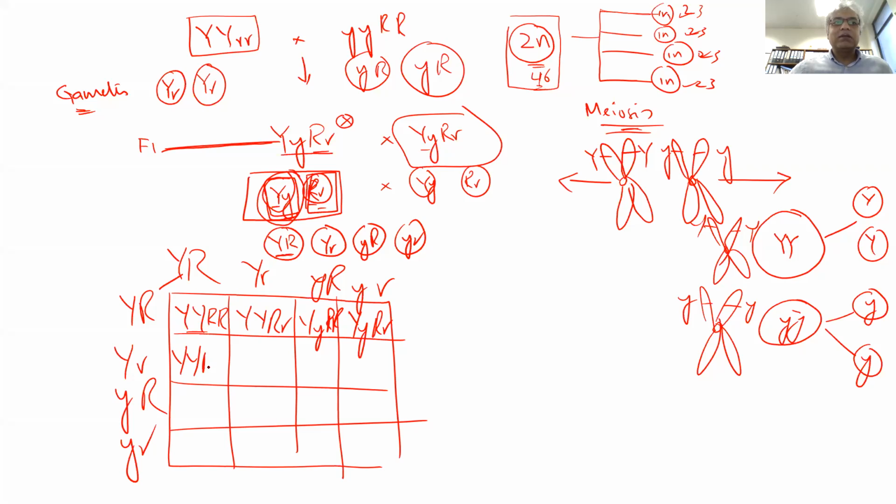Yellow round. All are yellow round. Yellow wrinkled. Yellow round. Yellow wrinkled. Yellow round. Yellow round. Yellow round.